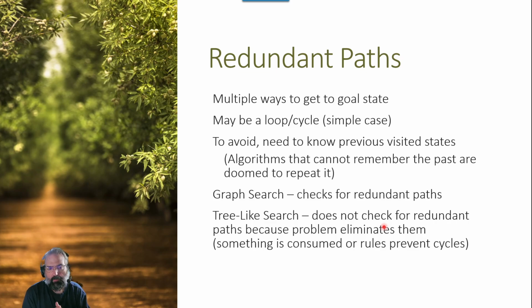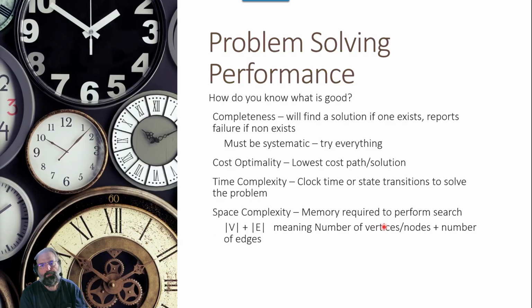To detect cycles, you've got to know where you've been before, so the previously visited states. It's got to remember the past. If it doesn't, it will repeat it. And graph search checks for redundant paths. With tree-like searches, you don't have to check because there's no way of having a cycle, because you've removed them by converting it into a tree.